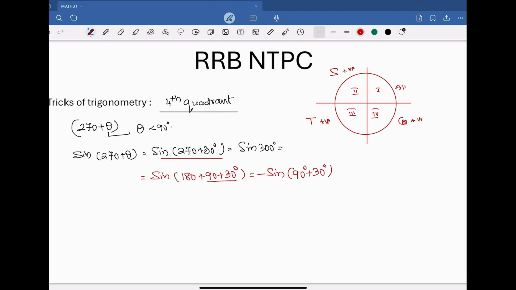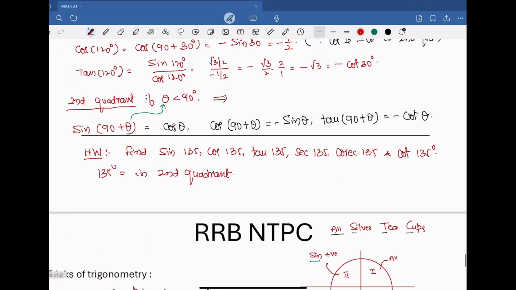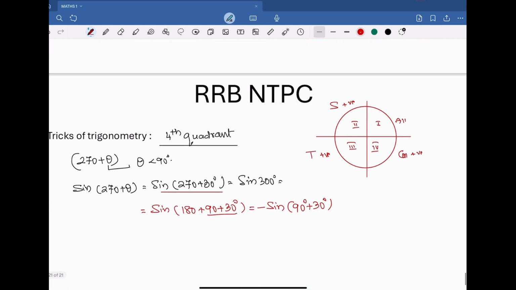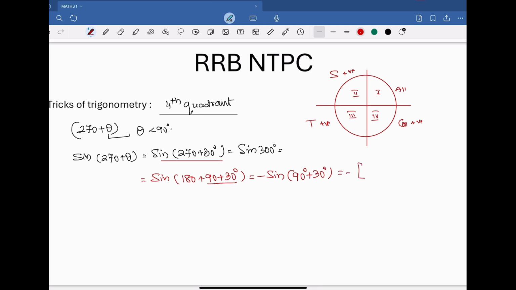Can we write like this? Minus sin 90 plus 30 will become sin 90 plus theta. Sin 90 plus theta is cos theta. That means the minus sign will be there, and this can be written as minus cos 30.